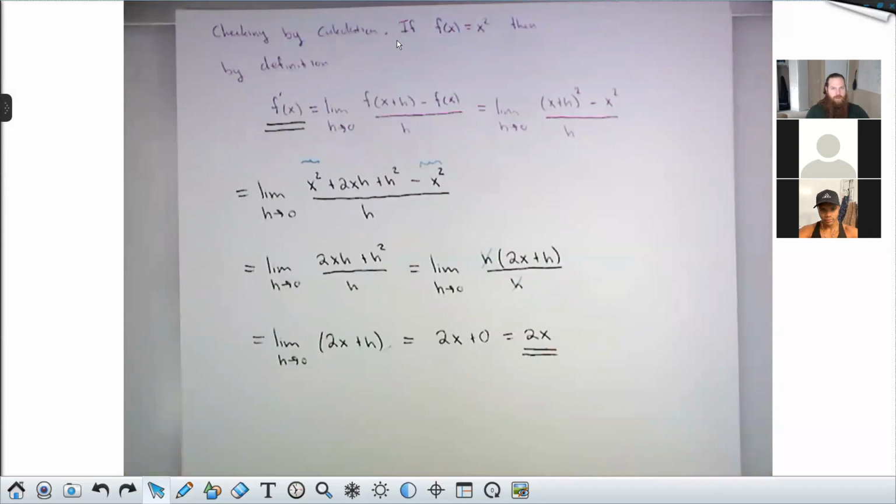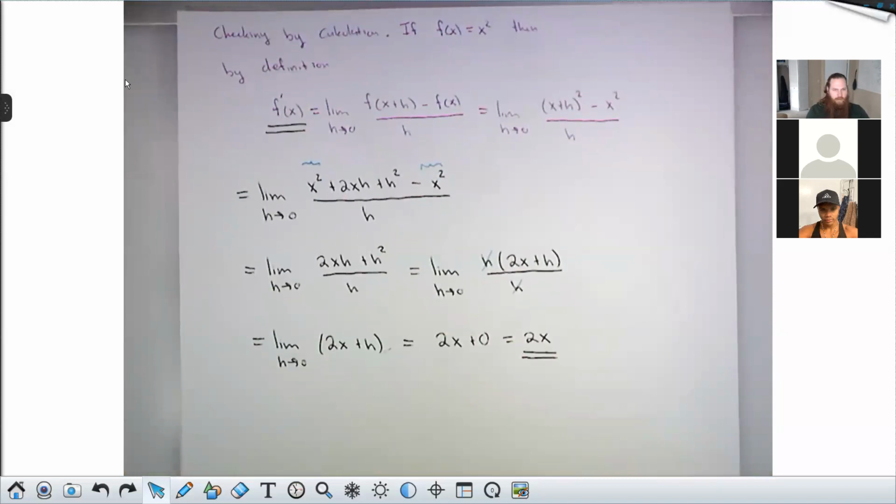Someone in my last class asked a really cool question that I want to share with you guys. She said, okay, if we start with this function and we run it through this process and we get 2x out, does that mean if we started with 2x in this process, we would get x squared out?